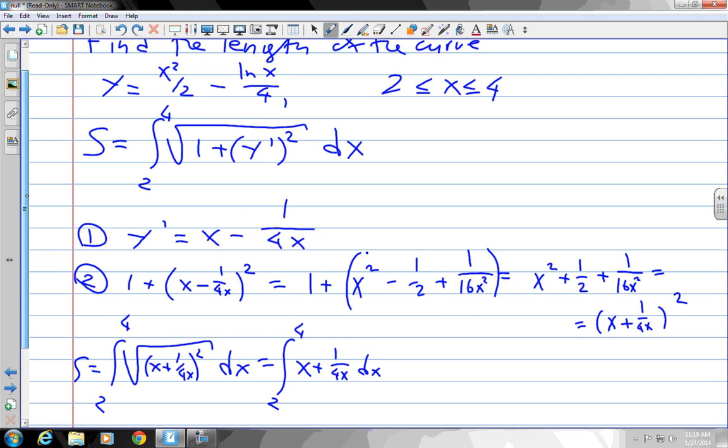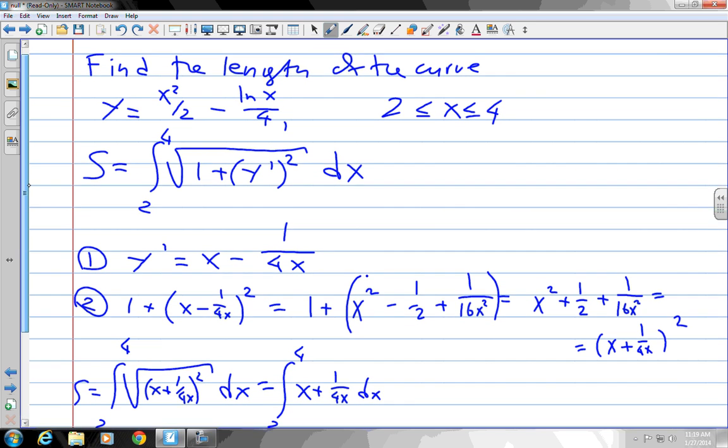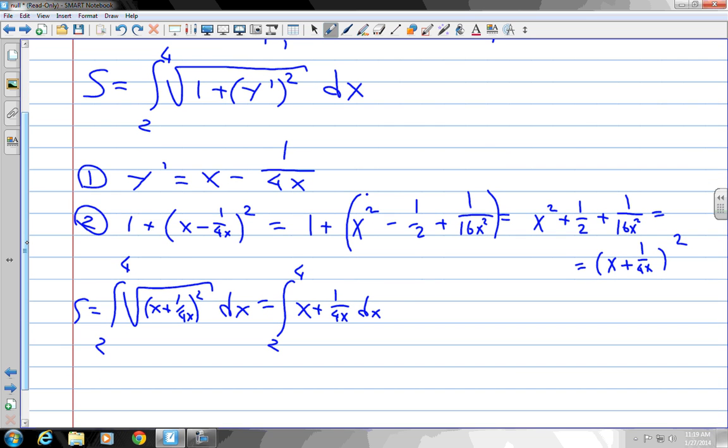Well, almost. We get a plus, right? But yeah, the antiderivative is back to x squared over 2 plus ln of x over 4, from 2 to 4.